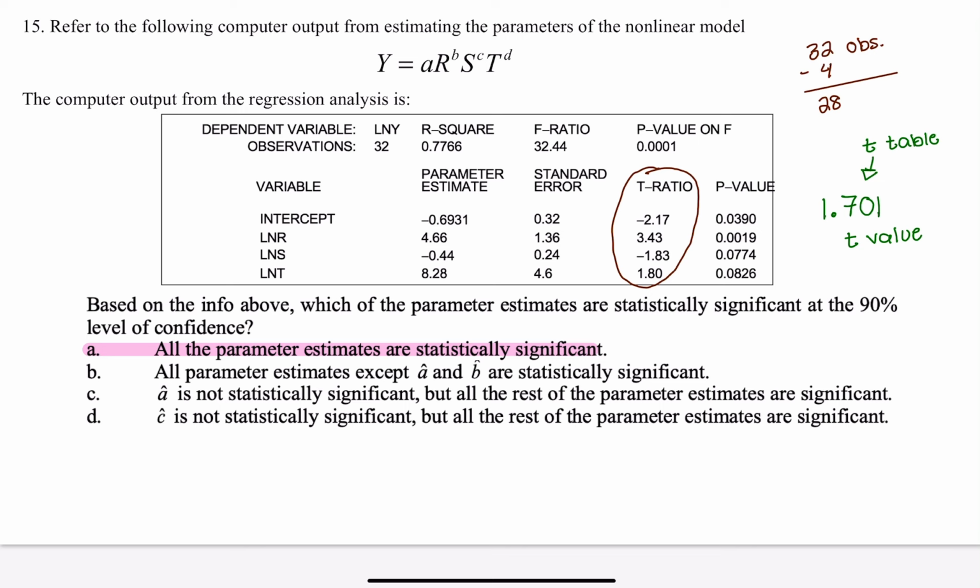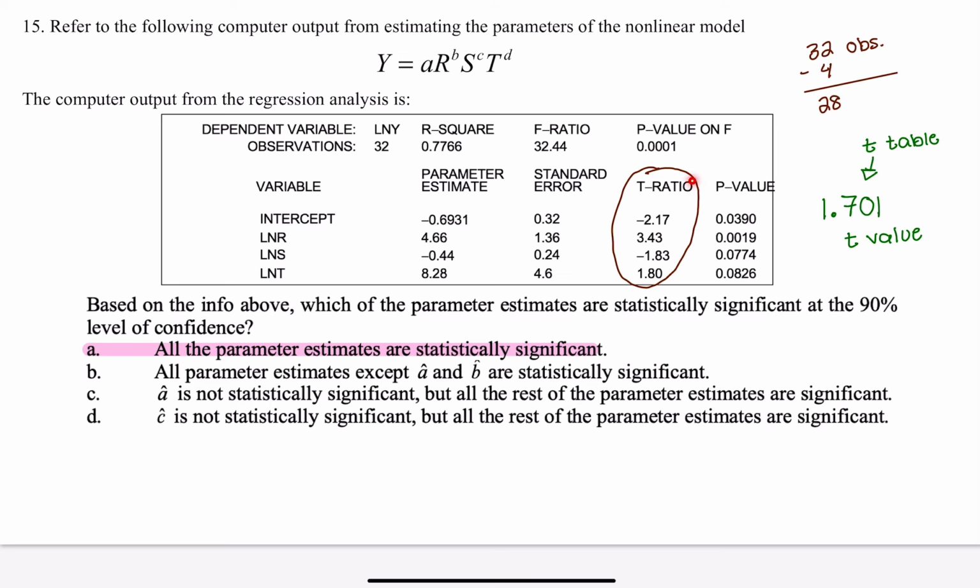Next one is based off of the info above, which of the parameter estimates are statistically significant at the 90% confidence level. So we have 32 observations. We're estimating 4 parameters, so there's 28 degrees of freedom.